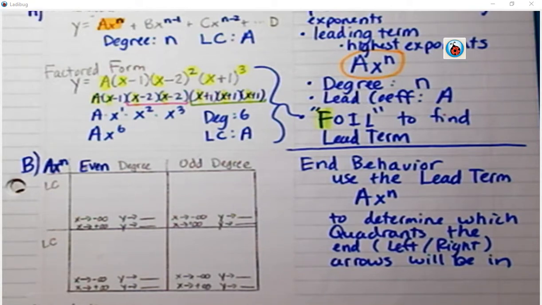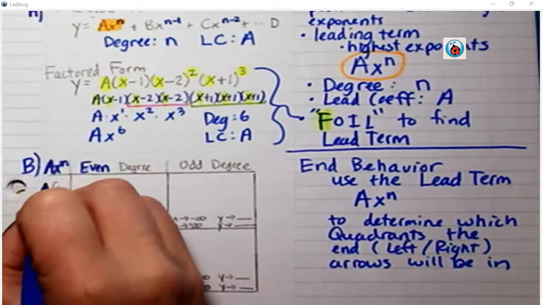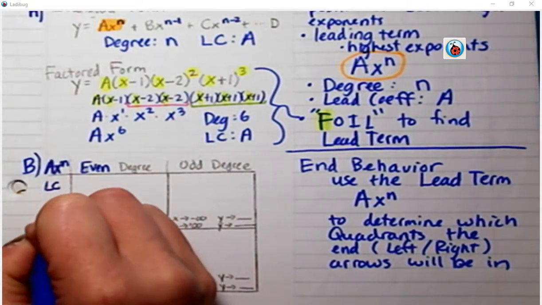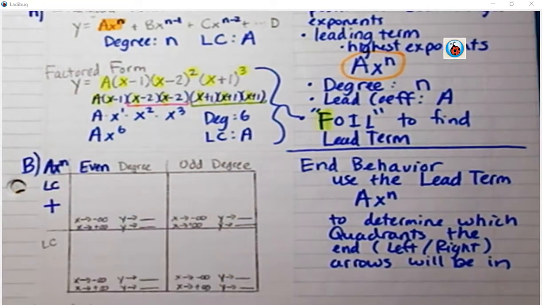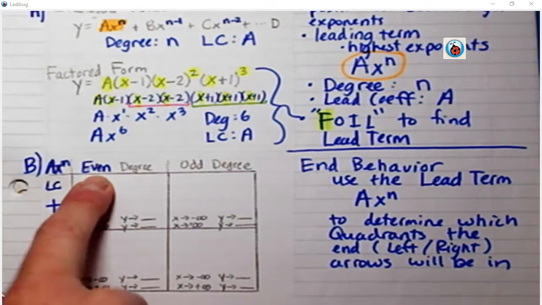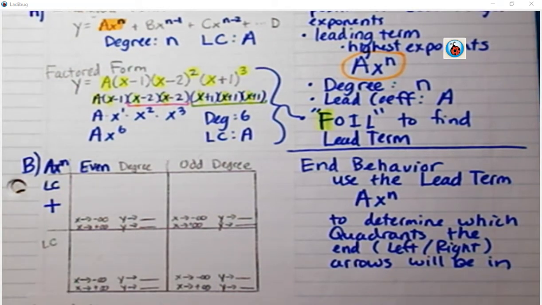If the leading coefficient is positive and it's an even degree, it looks like this. Parabola that's opening up. That works for every even degree. 4, 6, 8, 10, all of them.